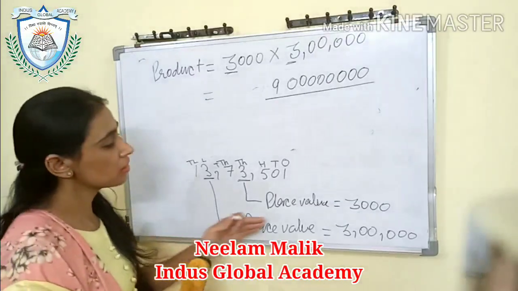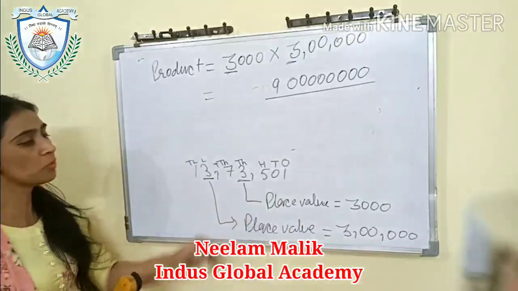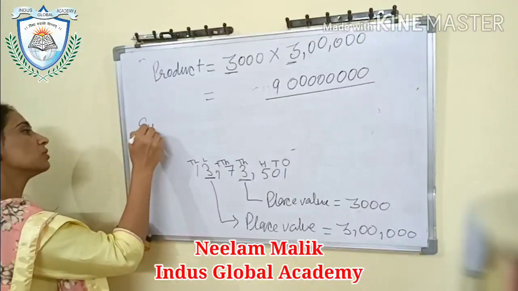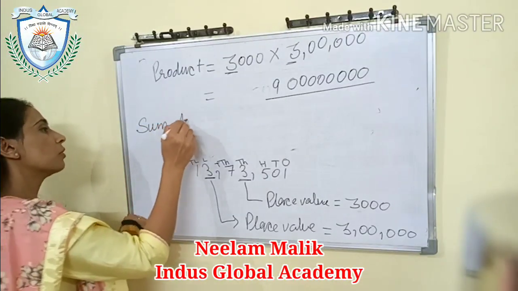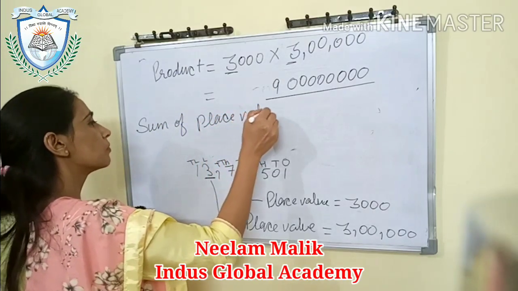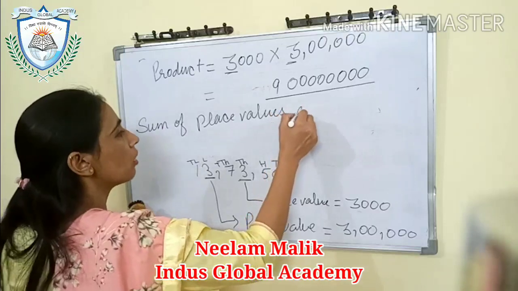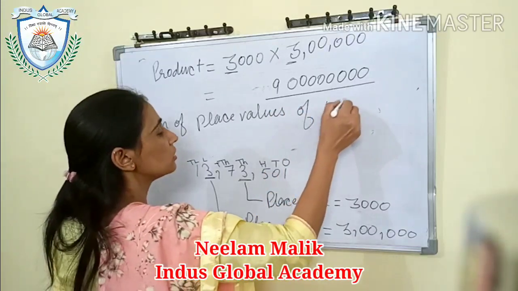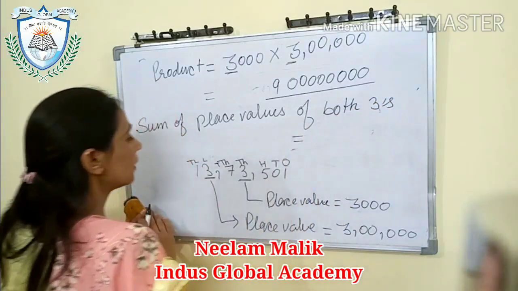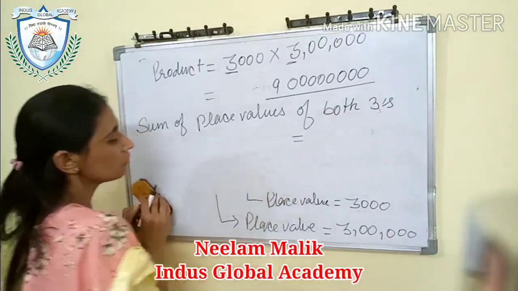Suppose they want the sum of these two place values. Sometimes they want the sum. If you have to find out the sum of place values of both 3's, how to do that? You know the place values.